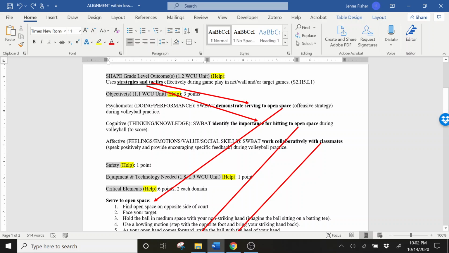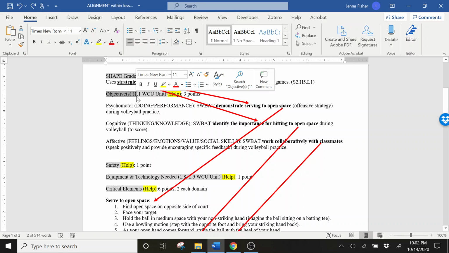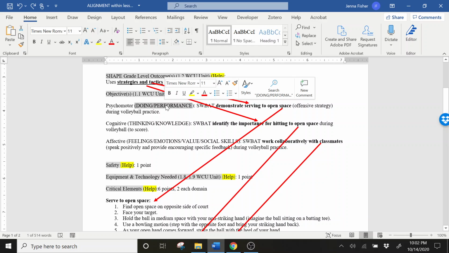So just a quick review again: you want your outcome always to align with what you say you're teaching in your objectives, because your objectives are those major goals for your students for every single day. Your psychomotor is the performance objective, so you should physically be able to see students demonstrating some type of skill.